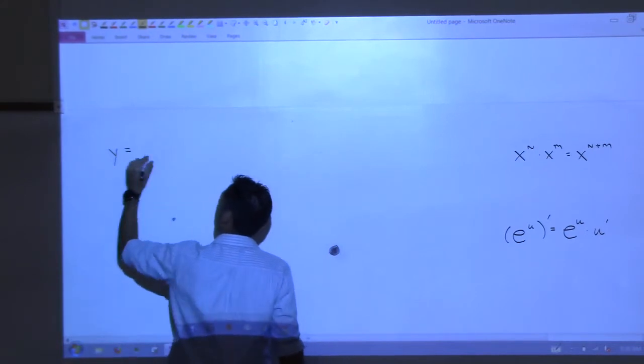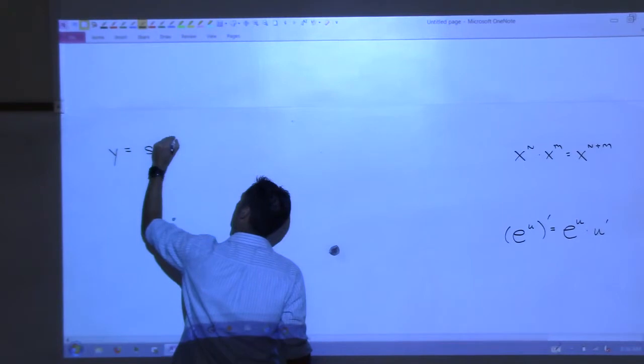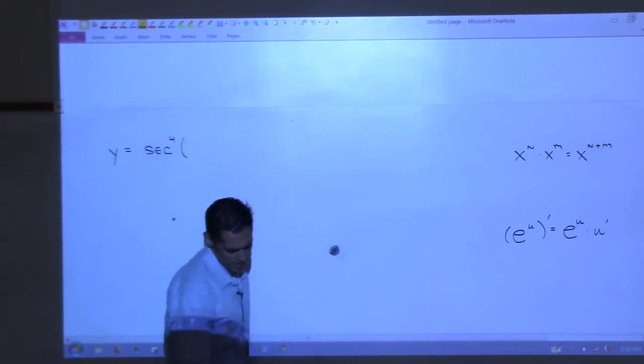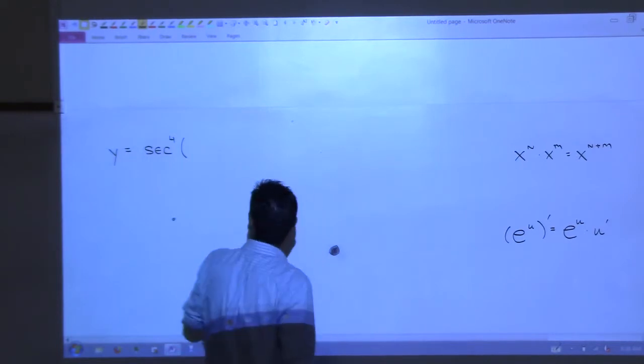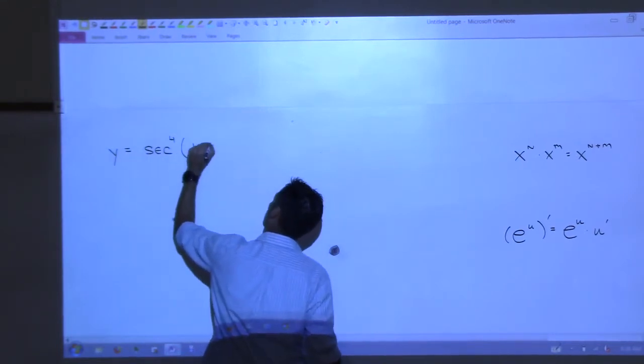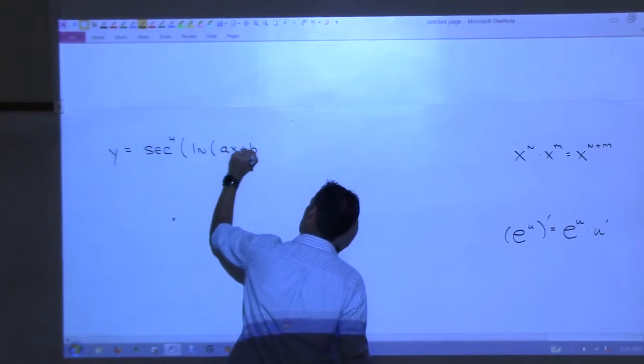How about secant to the fourth of natural log of ax plus b?